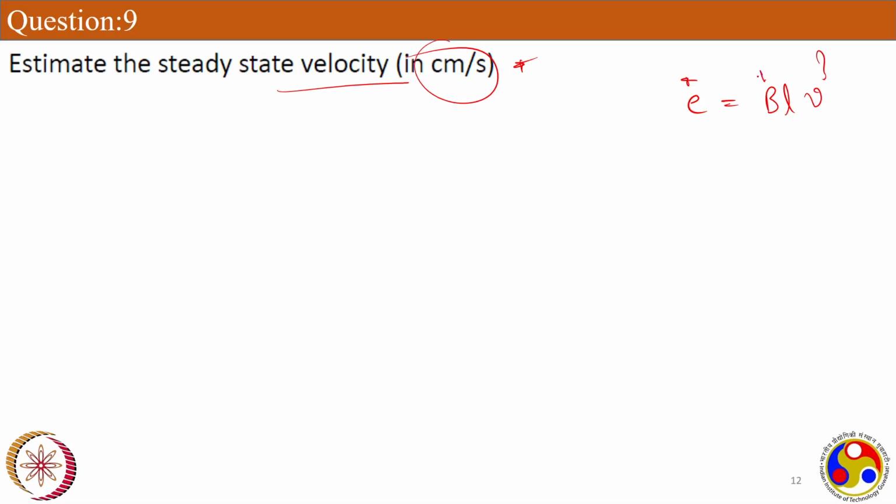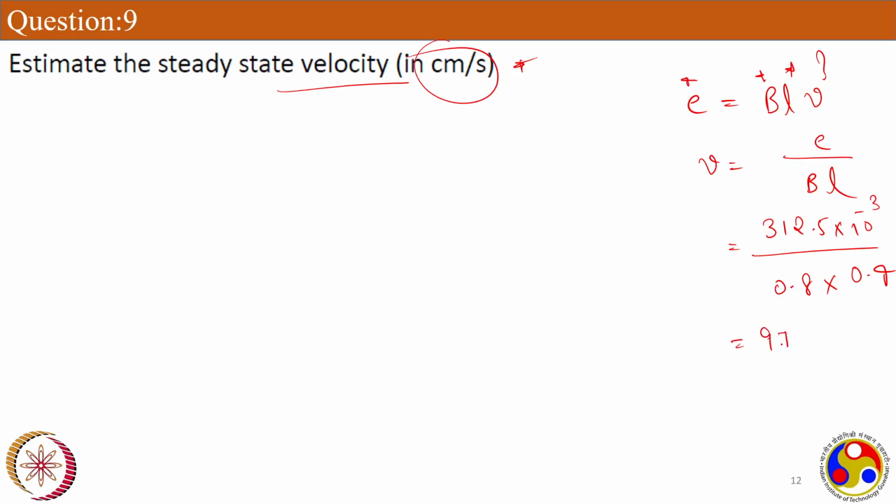You know the E, and you know the B, and you know the L. Now, velocity is equal to E by BL. What is the E? It is 312.5 millivolts, and B is 0.8 Tesla, and length is 0.4. How much is this? I got 976.5 into 10 power minus 3 meters per second. Okay, now I just have to convert this into centimeters per second.